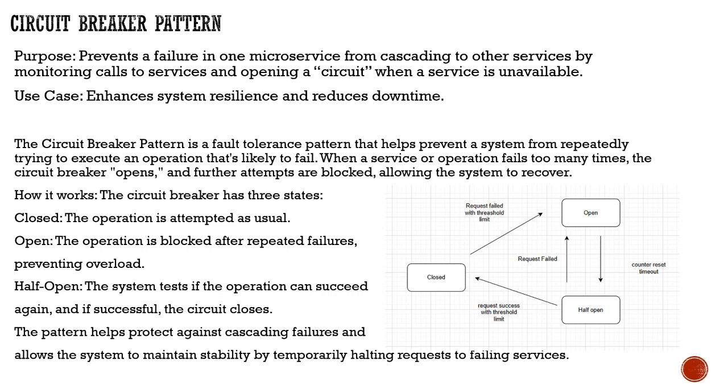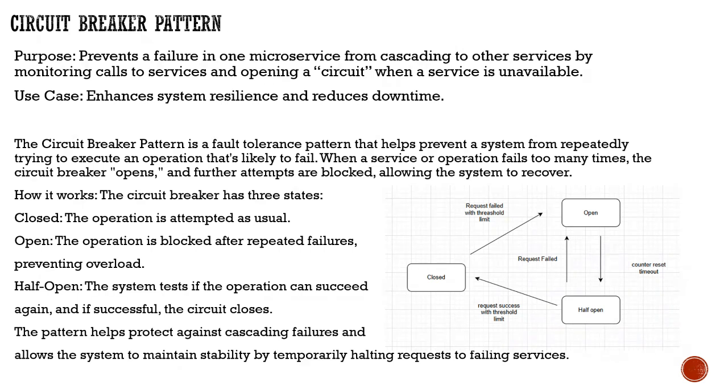As I mentioned, there are three states. Closed means the operation is attempted as usual, so there is no problem. Open means the operation is blocked after a certain number of failures, which prevents overload on the system, so it completely blocks the requests. In half-open, the system checks whether the operation can handle the requests and succeed.